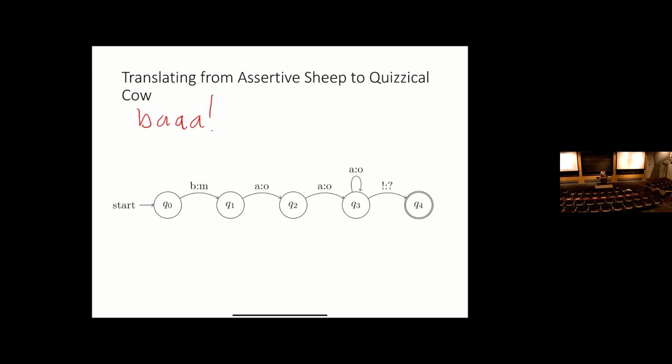So Kratzy's got it, yes. It translates to this. Because we have B to M, A to O, A to O, A to O, and exclamation point to question mark.